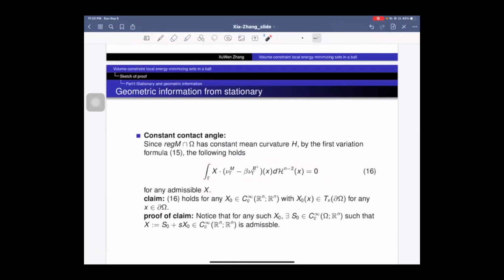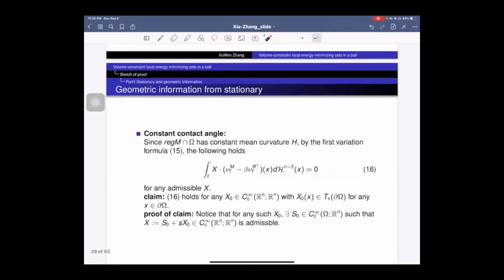And we claim that this holds not only for the initial velocity, but for any x0 with compact support and tangent to the boundary.